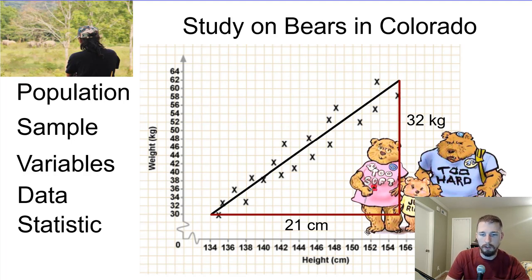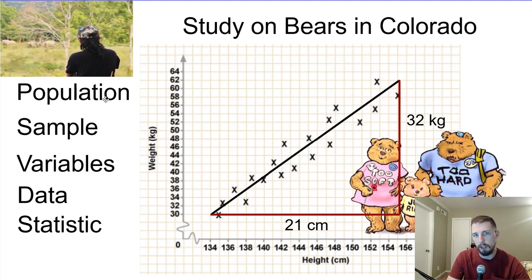So whenever we plot that out, we could also form a line of best fit, and then that would give us the slope, or what we think the rate is. So as they increase in height, how much do we expect on average for their weight to increase as well? So then if we find a bear that has a certain height, we can estimate what their weight is without having to sedate them.